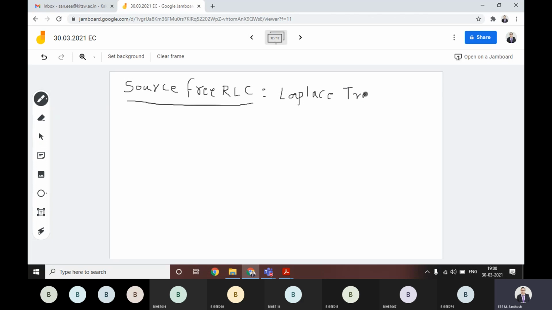You have to have the idea of Laplace transform. We'll use Laplace transform in this case. How we'll use it, we'll understand from the example. We'll always use the Laplace transform approach for an RLC source free circuit.